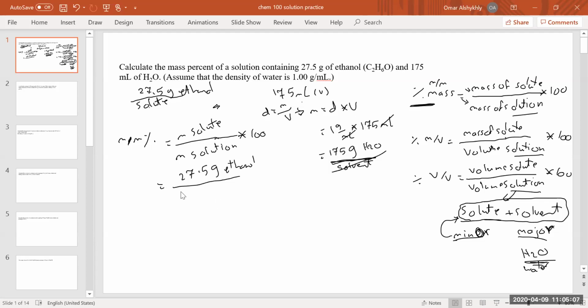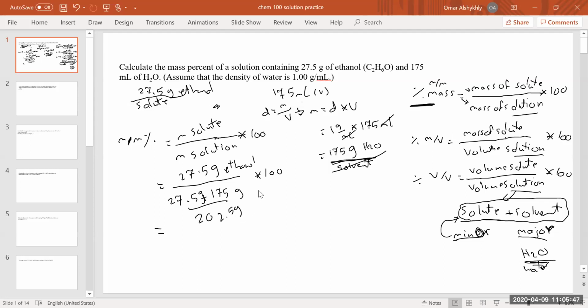Okay, let's keep going. Now, here in the bottom, we have mass of solution, which is solute plus solvent. So it will be 27.5 plus 175 gram, times 100. Now let's do the math. 27.5 plus 175, you will get 202.5 gram.